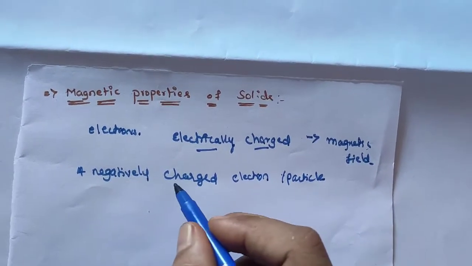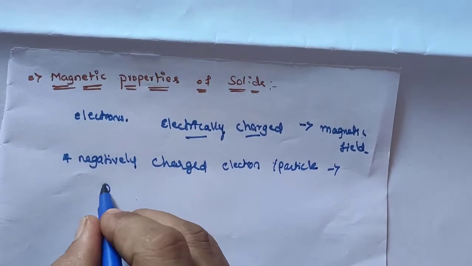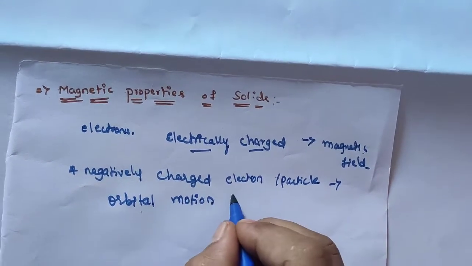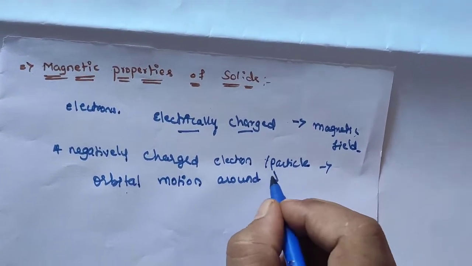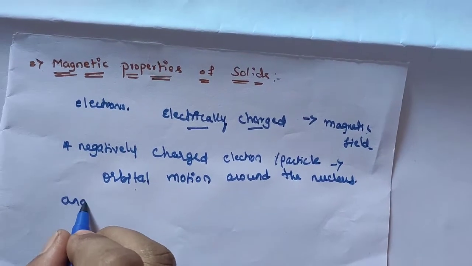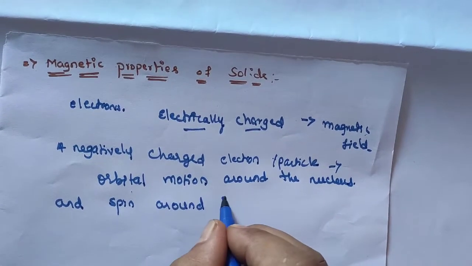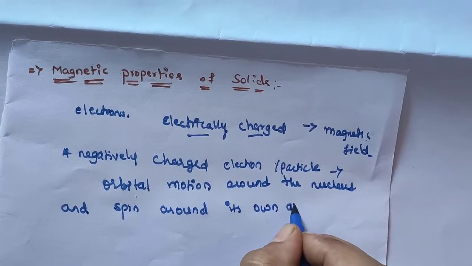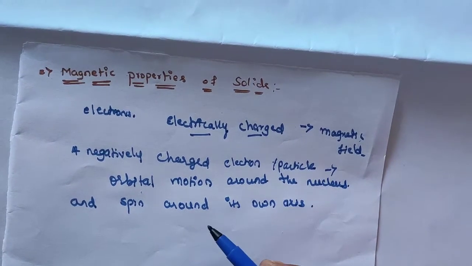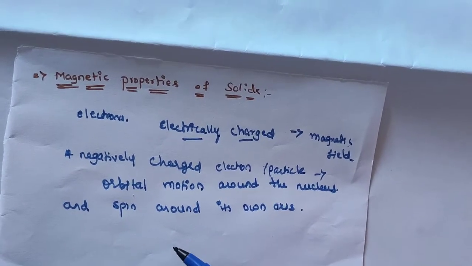Similarly, the negatively charged electron exhibits its orbital motion around the nucleus and spin around its own axis.